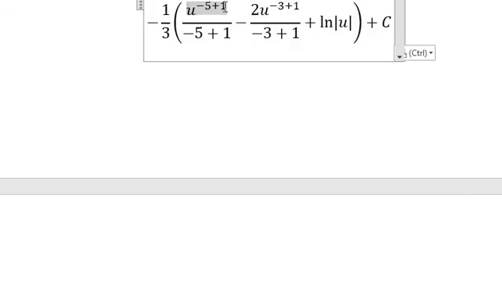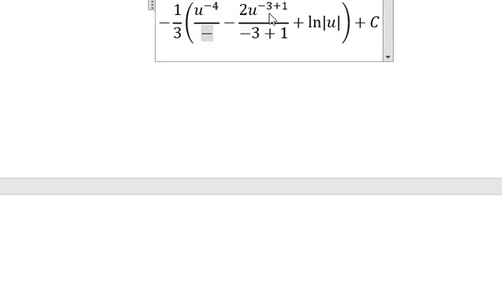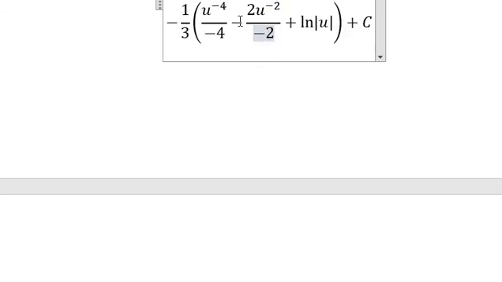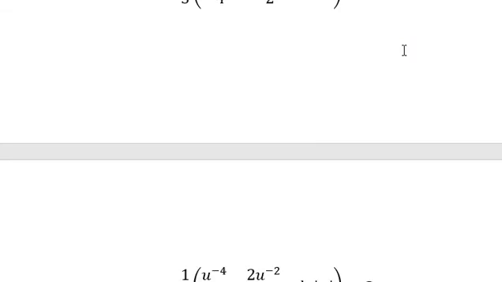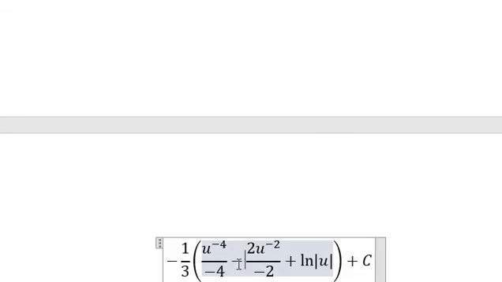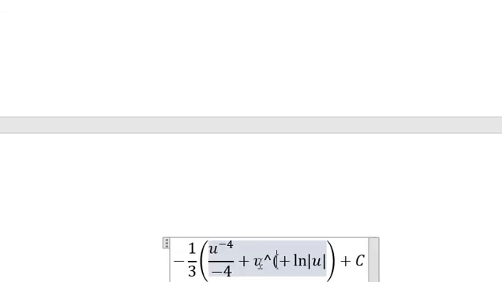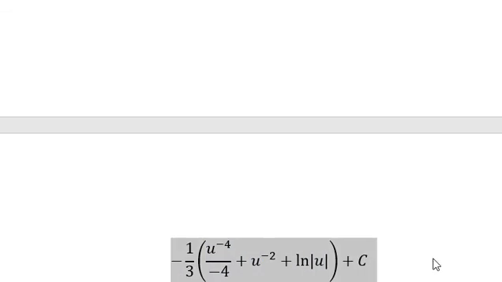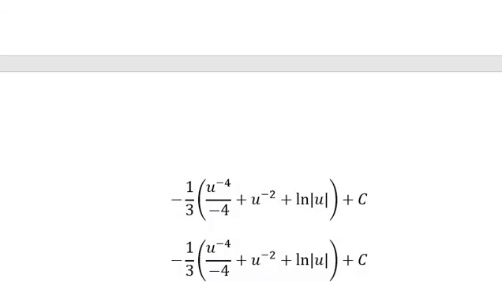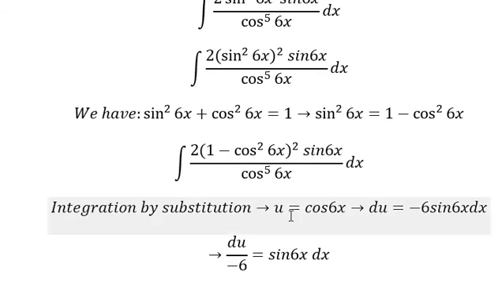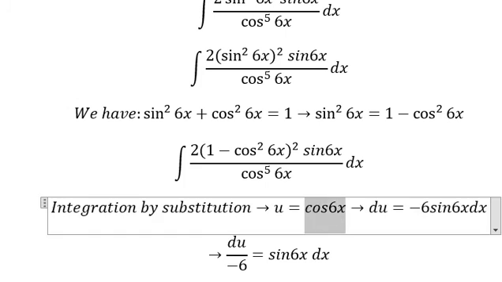So this one you get negative 4, negative 4, negative 2, negative 2, negative and negative gives positive. 2 divided by 2, so you get u to the power of negative 2. So about u, we go back in here, that's cosine 6s.